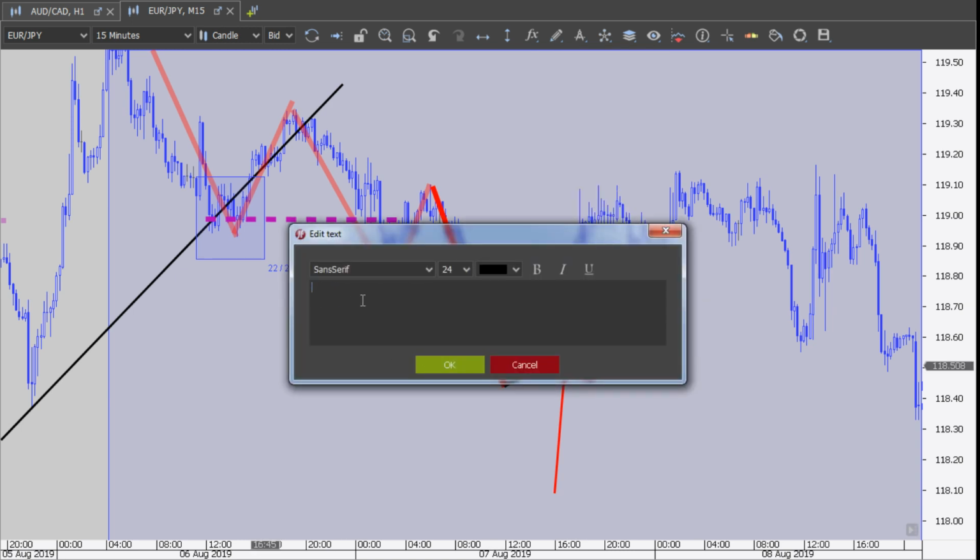Now, a rule about market behavior. When the market breaks one level of resistance, and the same goes with support, the market loves to gravitate to the next level of resistance.